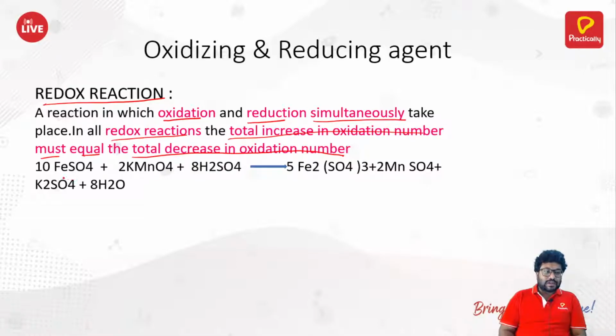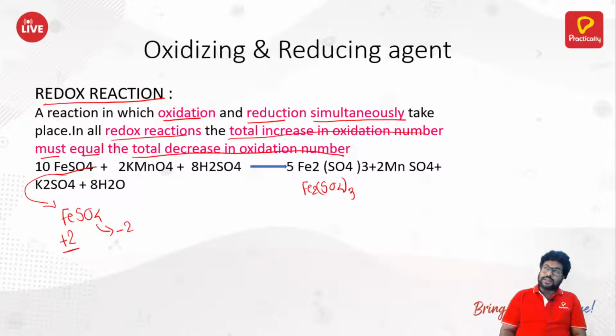Look at this FeSO4. In FeSO4, the charge on sulfate is -2 always. So if the sulfate has -2 charge, the iron will have a +2 charge. Okay? So the oxidation state of iron is +2 here. If you look at this Fe2(SO4)3, the charge on sulfate again is -2. The charge on 3 sulfates is -6.